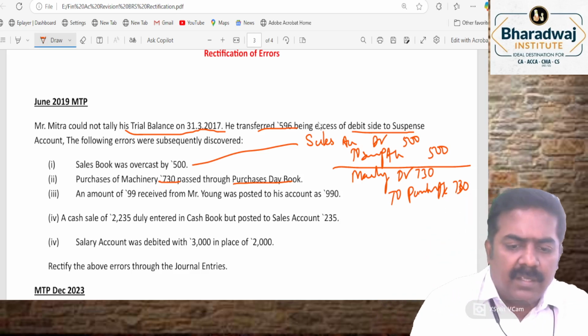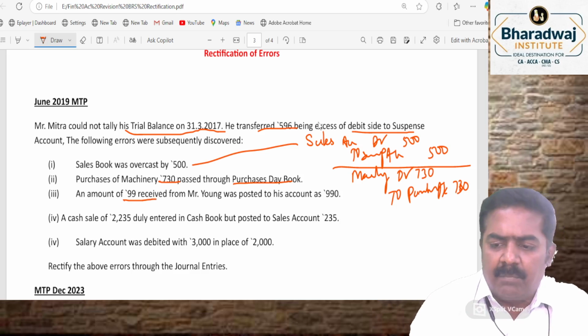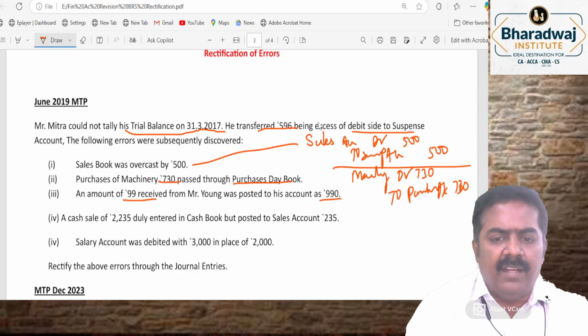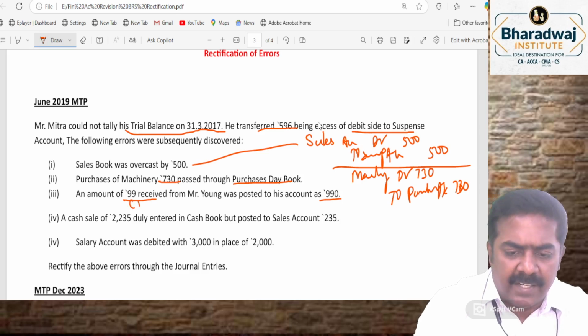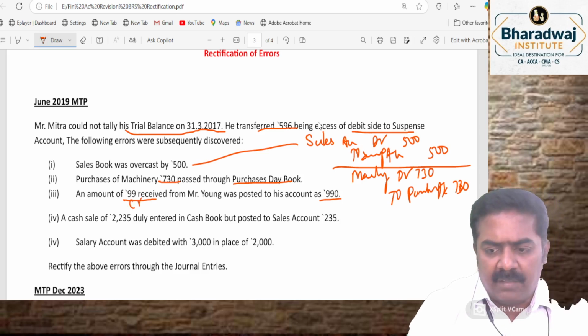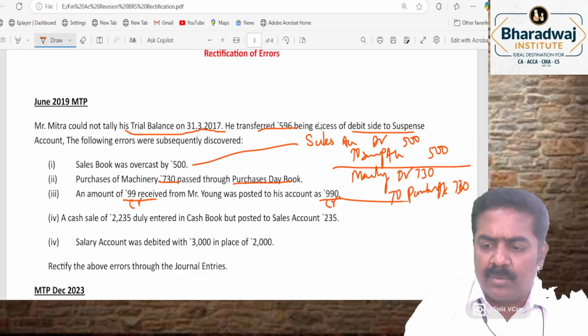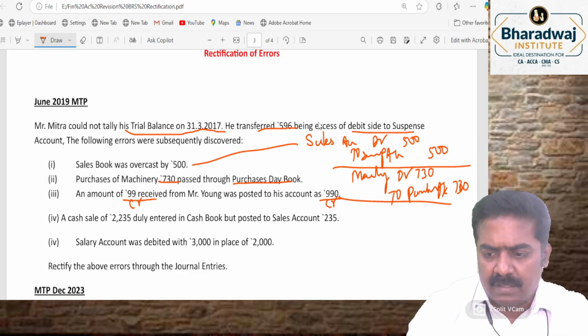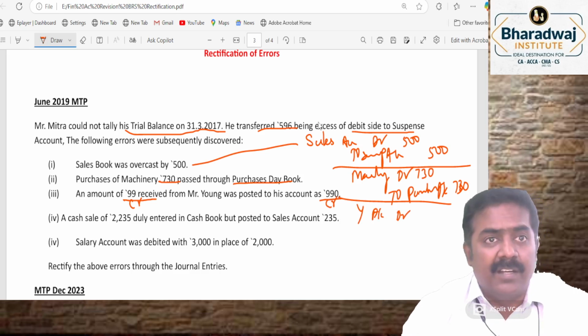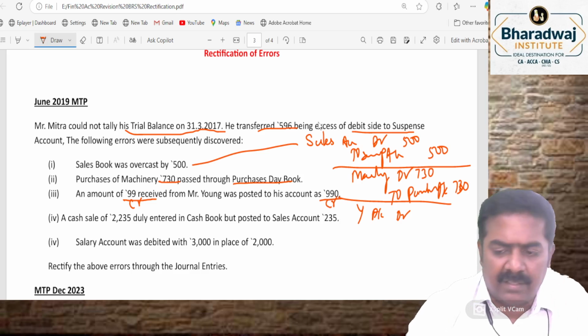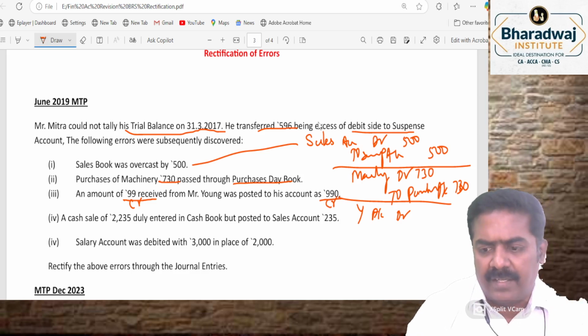Then, cash received from Mr. Young, 99, but we entered 990. We should have credited 99, crediting the giver, but wrongly we credited 990. Excess credit, remove it: debit. Mr. Young account debit.